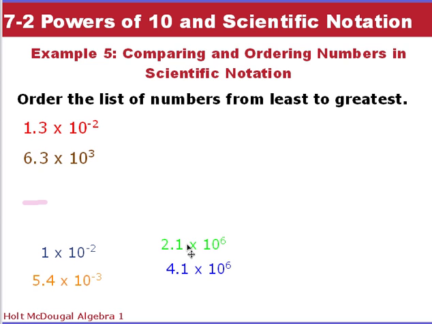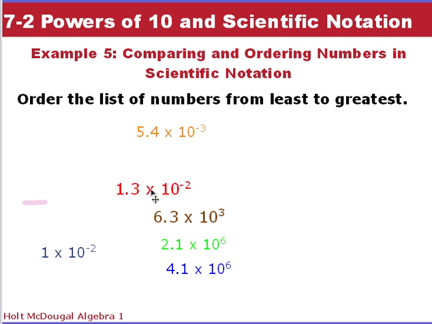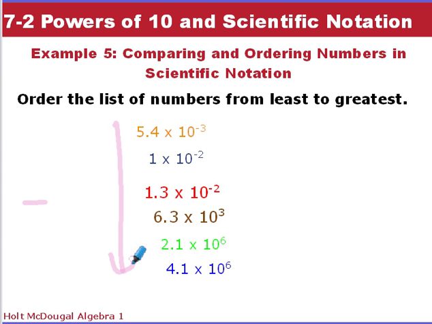Our next one is going to be the smallest, and then 1 times 10 to the negative 2, or 1.3. Let's see if that works. These numbers are getting larger as we go down, and in fact they are, so that's how they would be ordered.